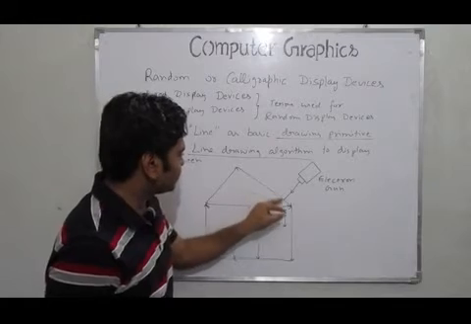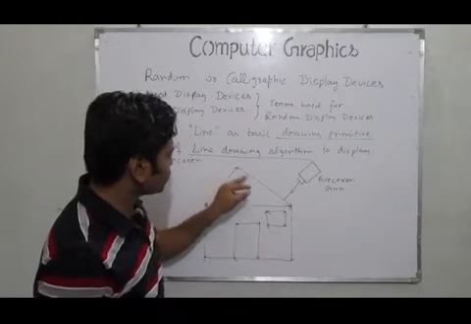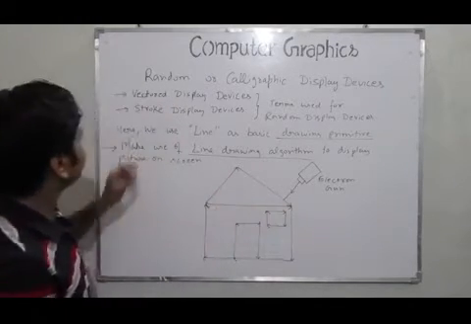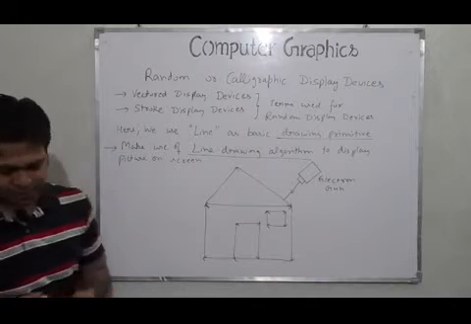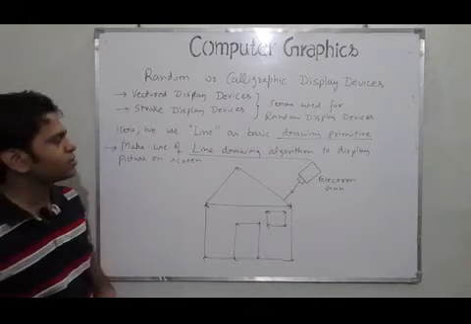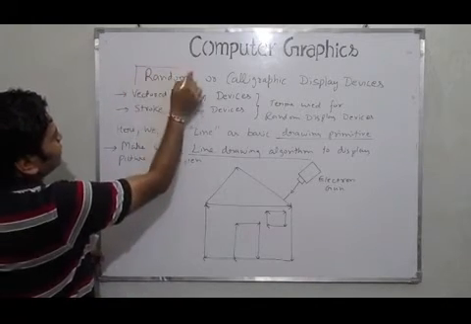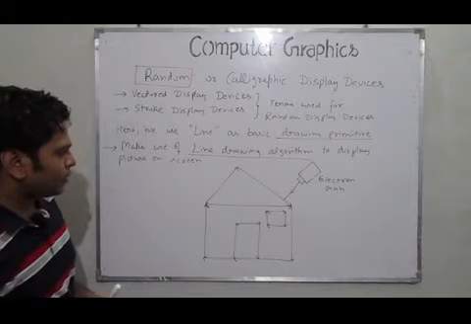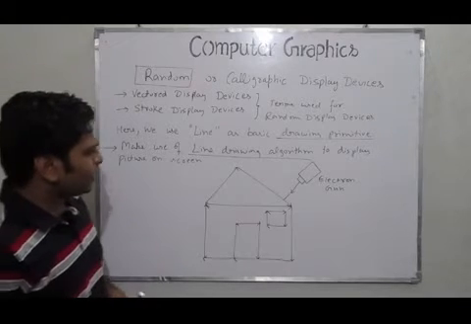That's why, since there is no particular order to draw the picture, this is known as a random display device.